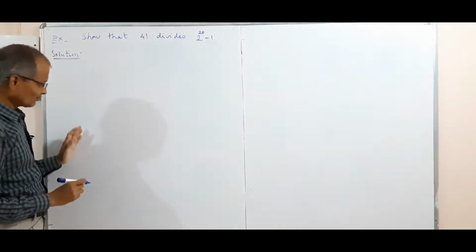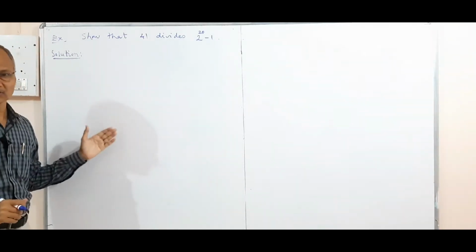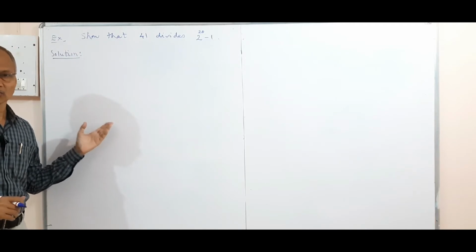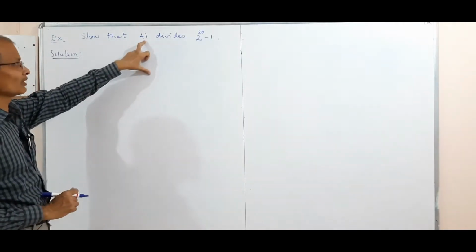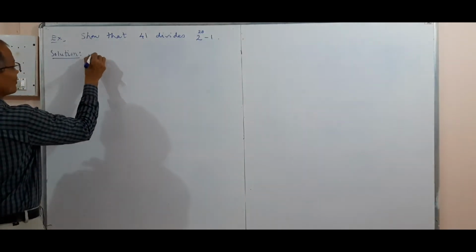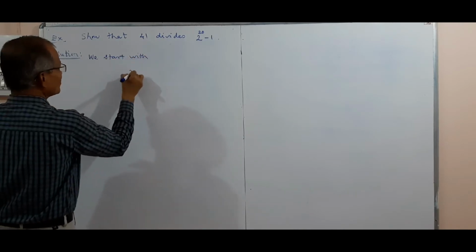Now what are the powers of 2? 2 square is 4, 2 cube is 8, 2 raised to 4 is 16, 2 raised to 5 is 32, and then 2 raised to 6 is 64. 2 raised to 5, which is 32, is near or close to 41. So we shall start with 2 raised to 5.